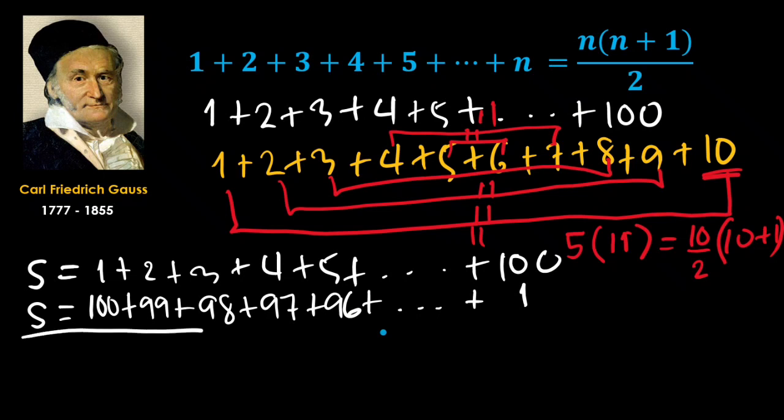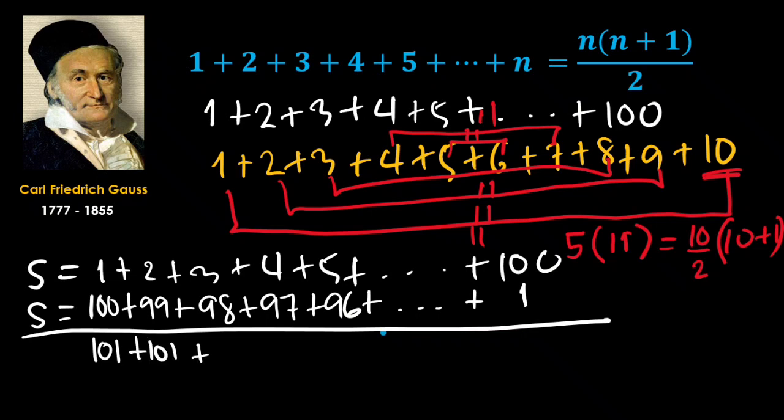Now let's add this together. This is 101. Add another 101. Add another 101. Add another 101. So on and so forth, up to another 101. On the left side gives us 2S. Now, how many 101s are there?